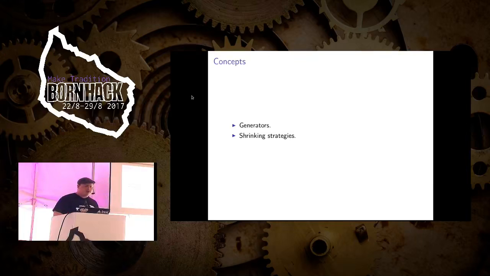Because we use randomness in the test, we want to have some kind of way to reduce the size of these generated values. And from that, we have the concept of a shrinking strategy. When the system encounters an error, it will try to shrink the given generators until there is a base case, a minimal test case where it will still fail.